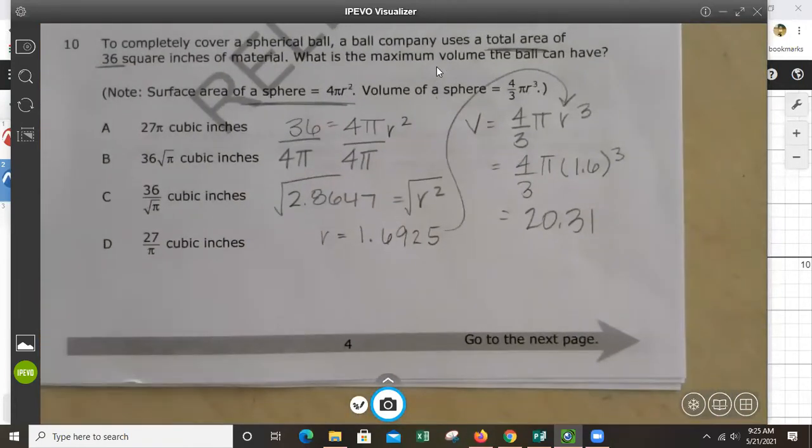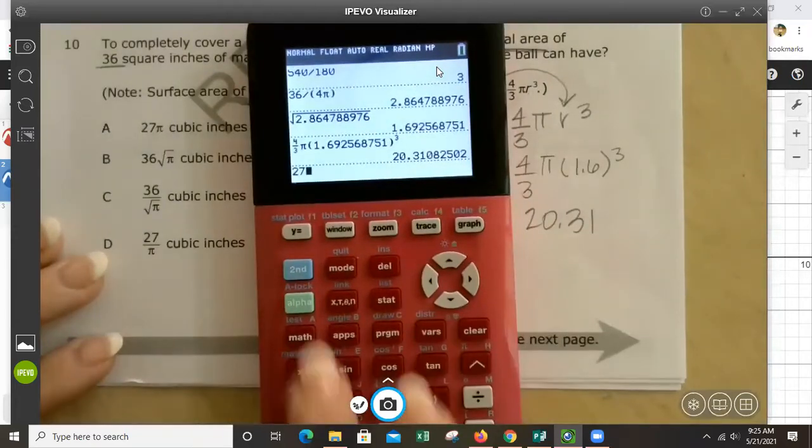Okay, well, I don't have a decimal on there. So how do I figure out which one's my answer? Yeah, just type them in. So we're going to try 27 pi.